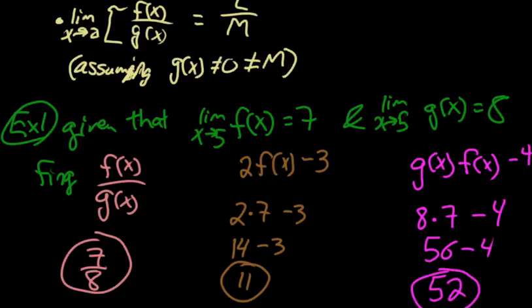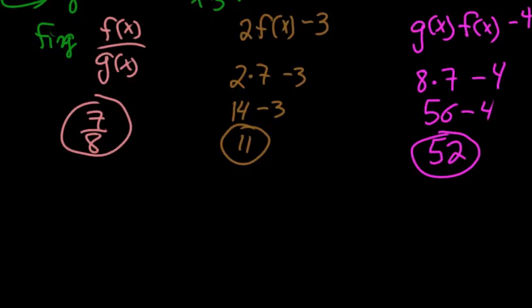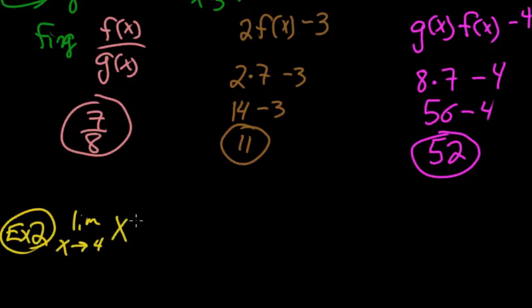For our next example, we're going to do something a little bit different than normal. Example 2. Let's say we have the limit as x approaches 4 of x equals question mark. Well, the limit as x approaches 4 of x equals 4.